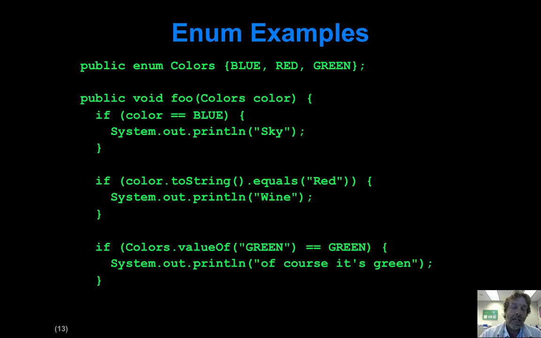Again, they work kind of exactly the way you'd expect an enumerated type to work, and my point here is that you shouldn't be using an array list when there's only going to be 3 objects ever in this list. Okay, or you shouldn't be using 3 integers. You should define an enumerated type.